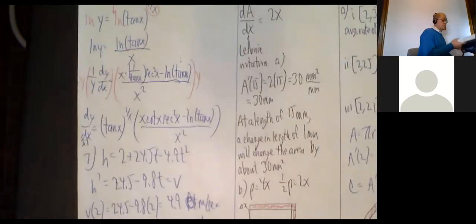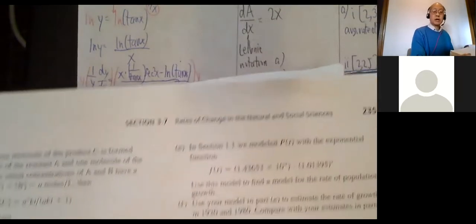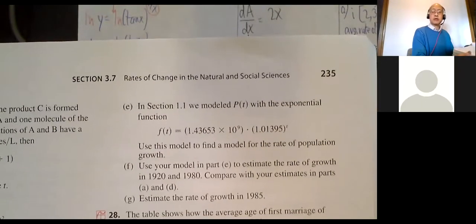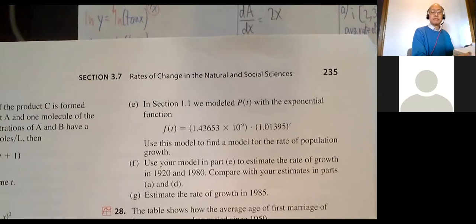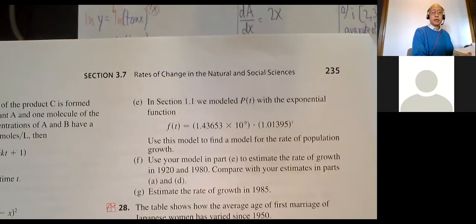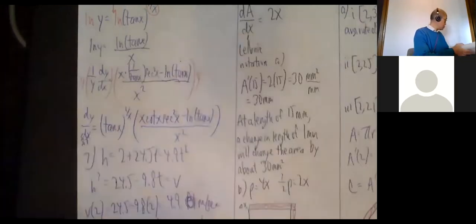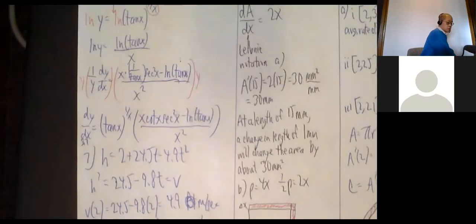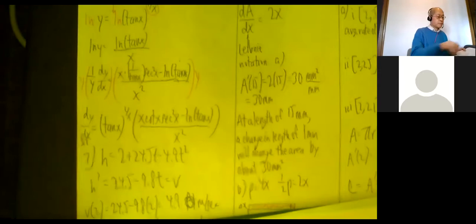The topic is rates of change in the natural and social sciences. So we're giving you applied situations where the derivative might show up in biology, chemistry, physics, and so forth. Number 7, we've actually tackled some of this kind of problem before.